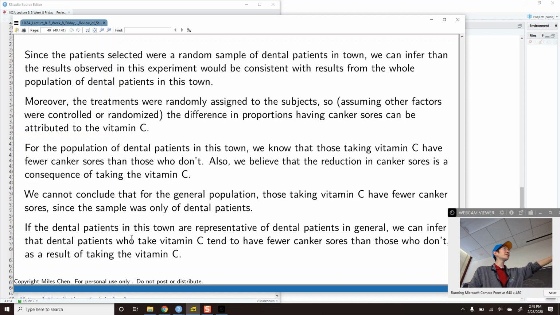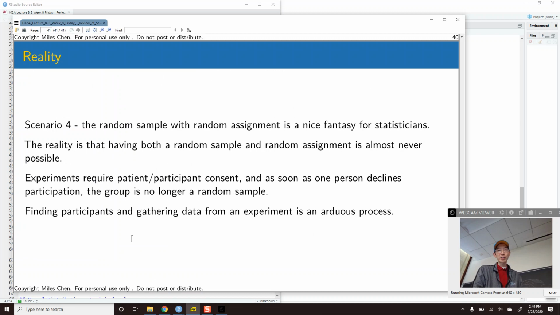And so this scenario is like fantasy land for statisticians, having the random sample and the random experiment. This is very unlikely to happen in real life, okay? So in general, you're often either working with random sampling only or with random assignment only, okay?